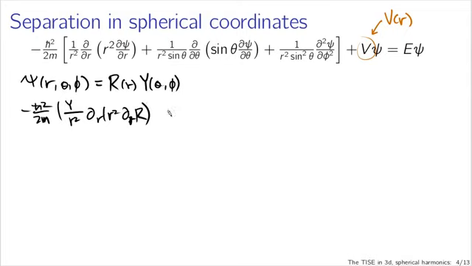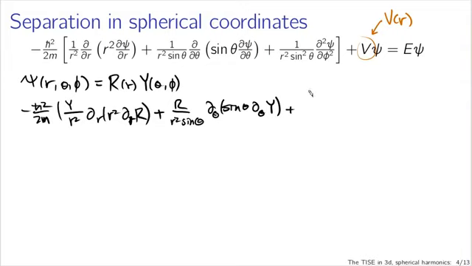Then the second two terms here are going to leave R untouched, so I'll end up with R over r squared sine theta, partial derivative with respect to theta of sine theta, partial derivative with respect to theta of Y, my theta and phi parts.